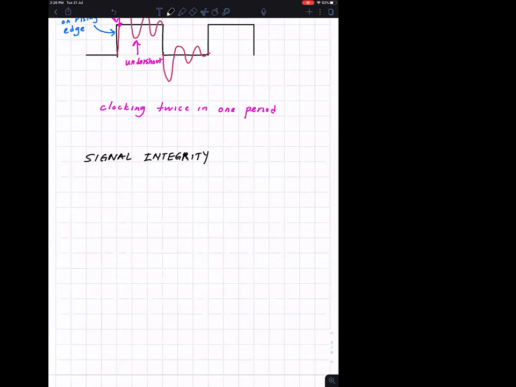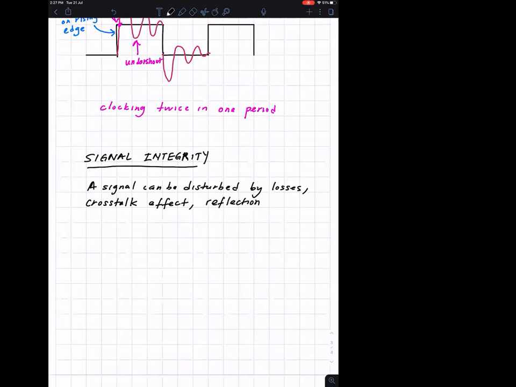Signal integrity. A signal can be disturbed by losses, crosstalk, reflection, skin effect, and many more.